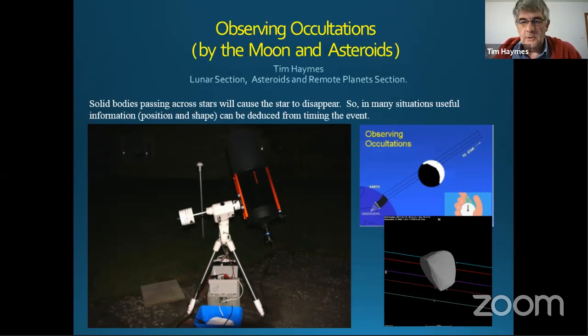And below it, we've got a similar situation with an asteroid. We have the same 3 observers. Each observer is observing a different chord from behind the asteroid, and they combine to form a 3-dimensional shape eventually.